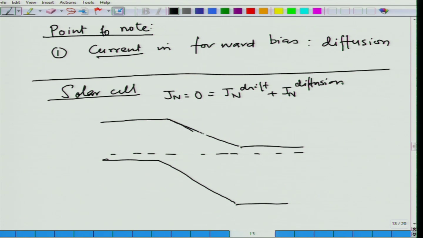Hence, no current is passing through this even when I connect these through. Same thing is going to be true for the J p, J p is going to be 0.